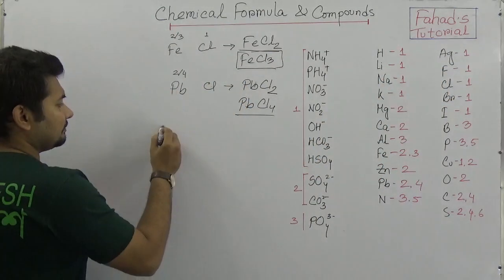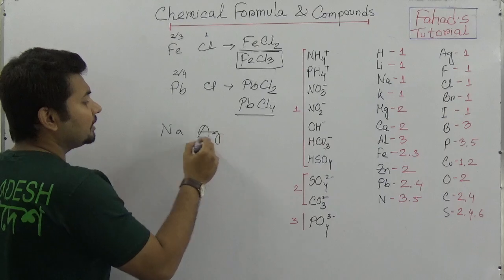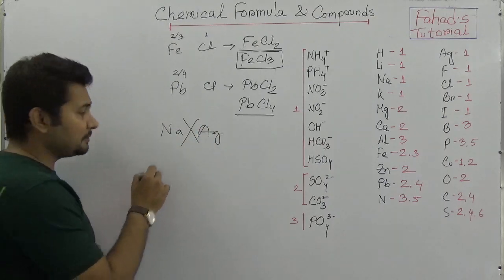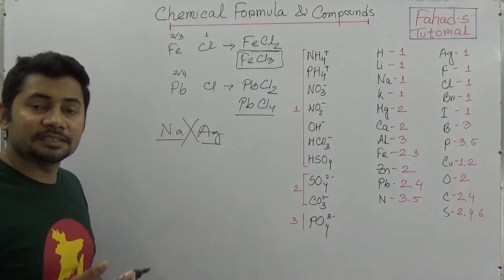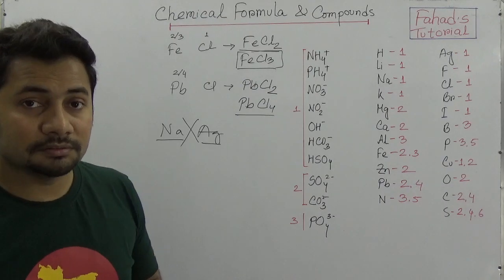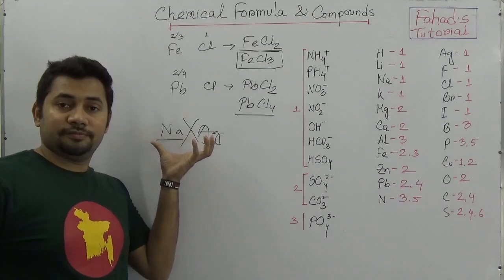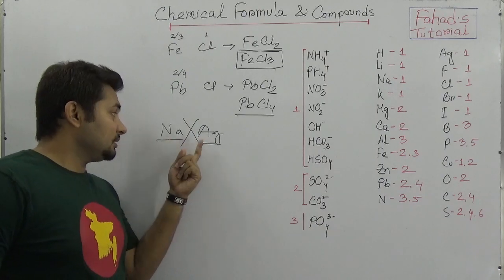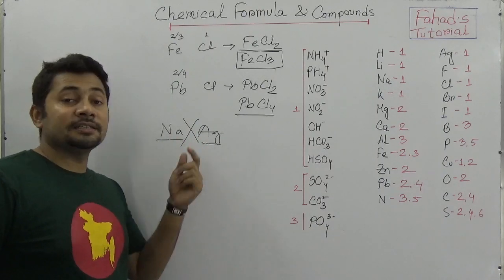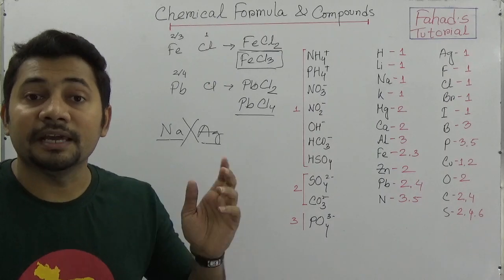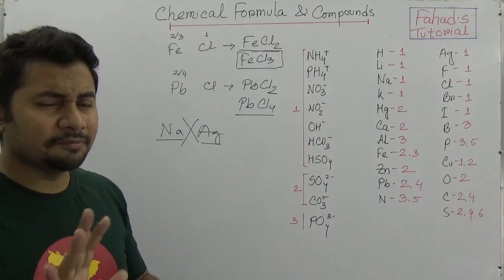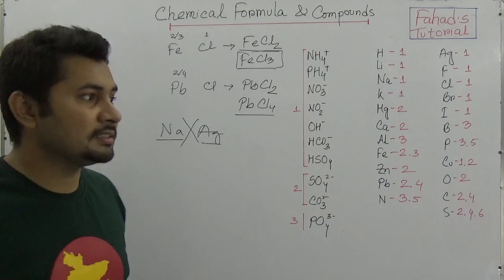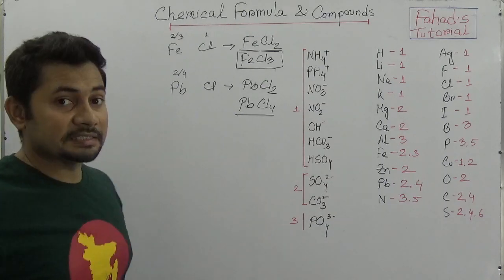And if you want to mix sodium and silver, it should not work, because both these elements are metals. They won't make any sort of compound together. Why? Because this is positive and this is positive. So metal and metal do not form compounds. There are some exceptions, like sodium and mercury, that is amalgam, which will be discussed later.